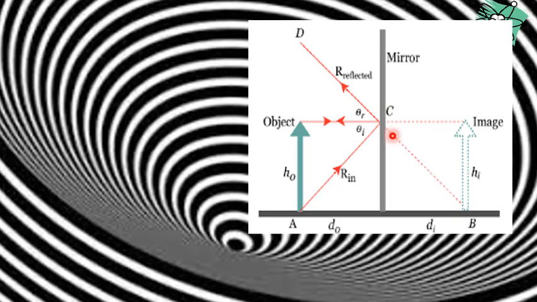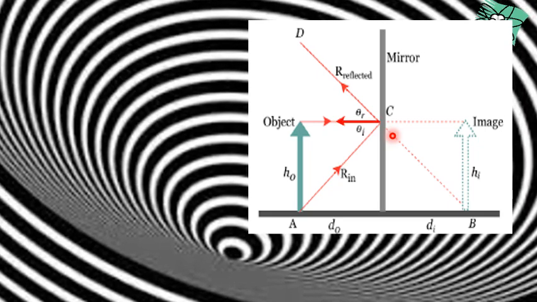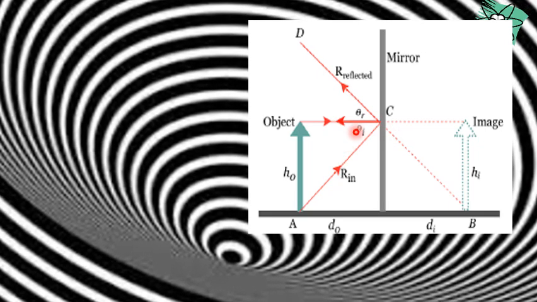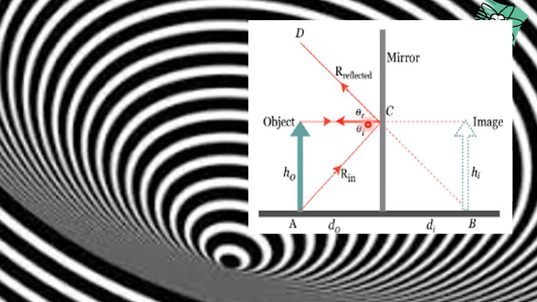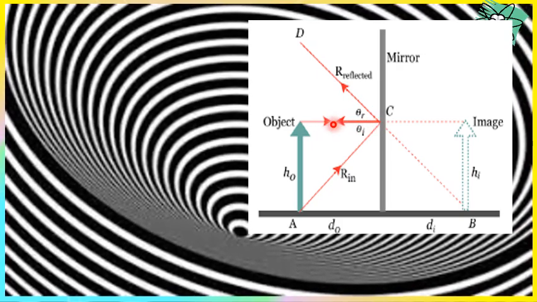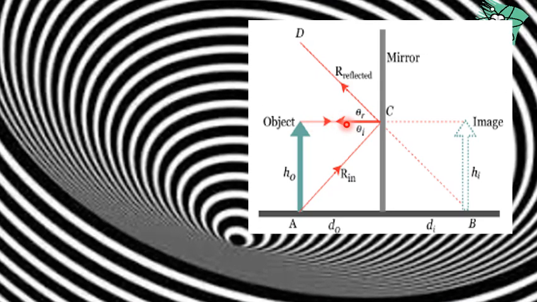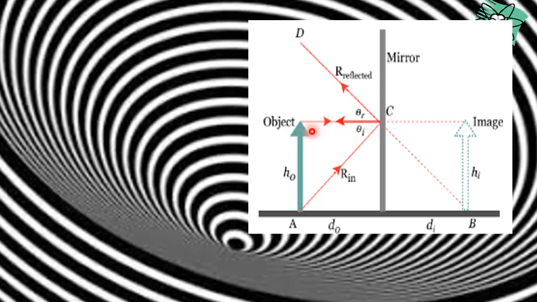So, when it is reflected back, the reflected ray is just in the opposite direction, along the same path as the incident ray.